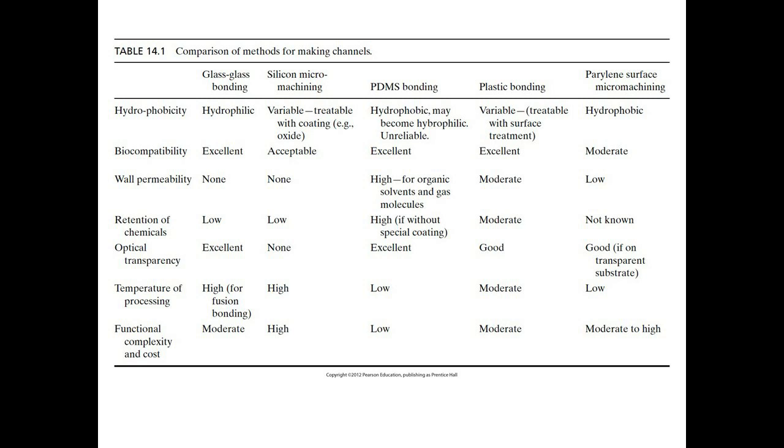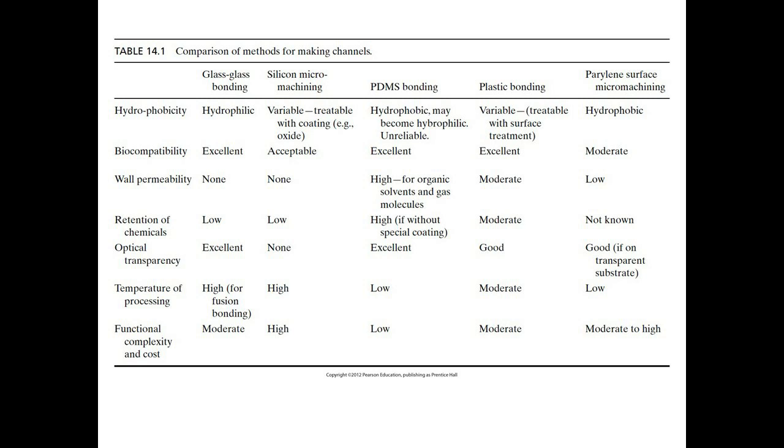Let's say, like in the previous exam questions, we want you to consider the type of material that you are going to use, for instance whether the application requires good optical transparency, so you need to choose.